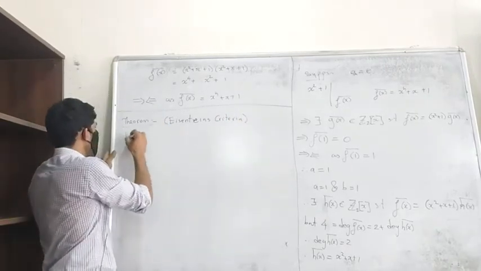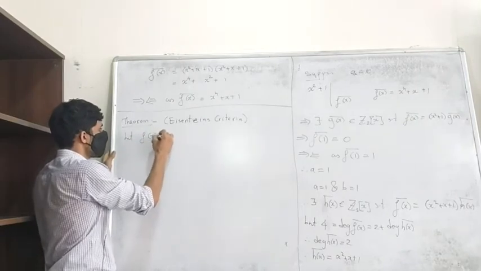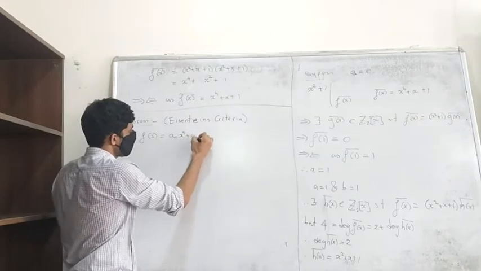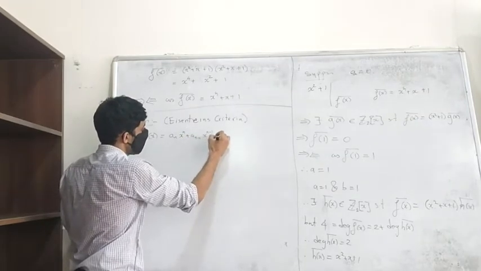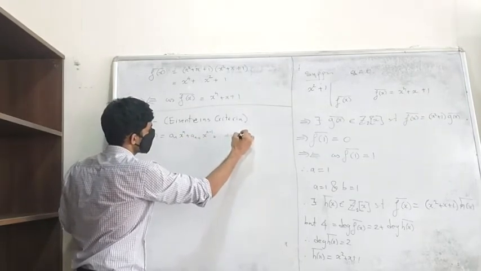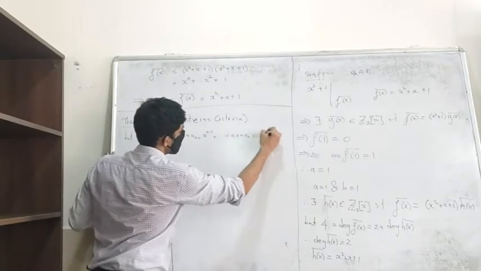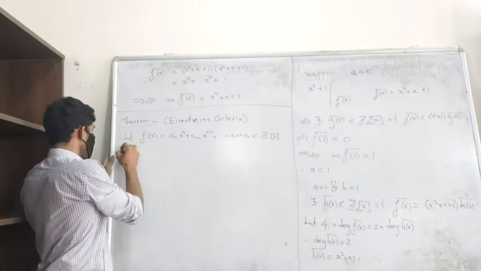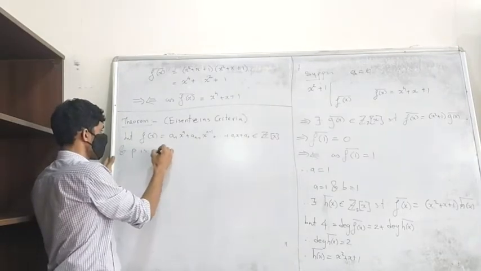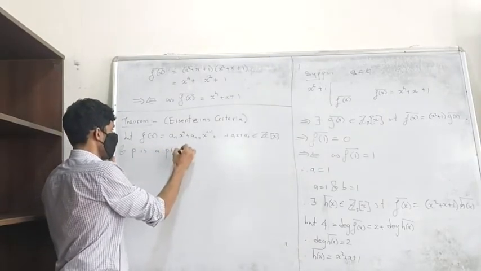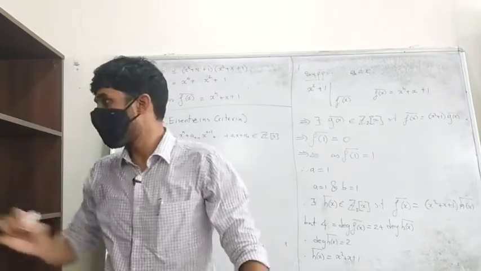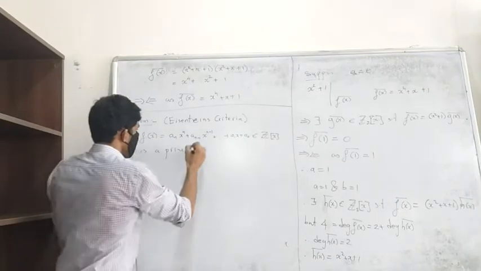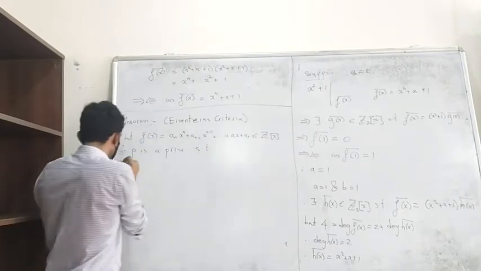So suppose we have a polynomial f of x equals a n x raised to n plus a n minus 1 x raised to n minus 1 plus up to a1 x plus a0 in Z x, and p is some prime. Okay, if p is some prime such that you have two conditions that need to be satisfied.